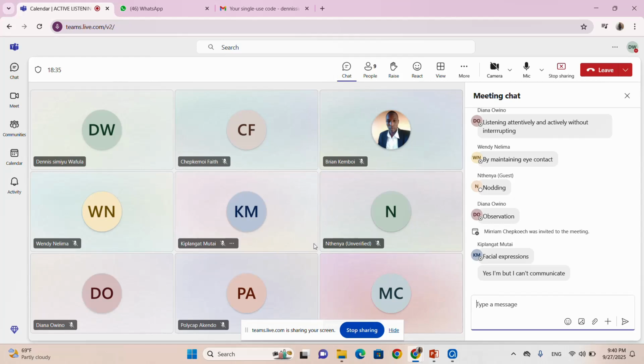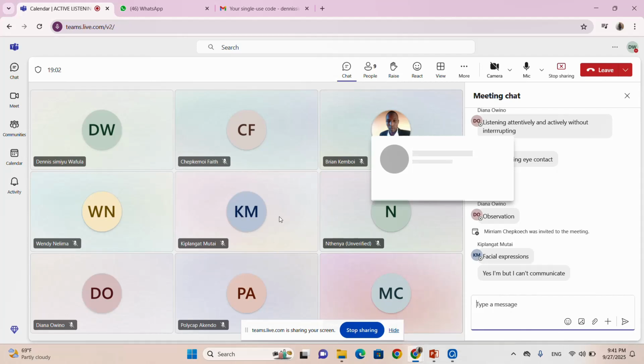The rest of the class, I included, will be observing other skills that will be expressed in those stories. So may I request two learners to volunteer themselves so that we can have this role play. I need a boy and a girl, one to tell a story and the other one to listen.